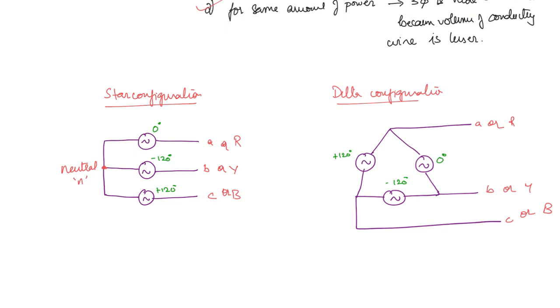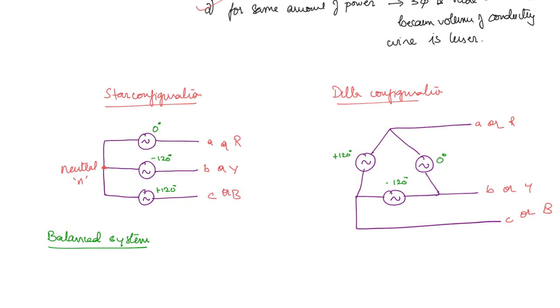At this point, we can understand what a balanced system is. Sometimes the phases won't be exactly 120 degrees out of phase. That is why we define something called a balanced system. You can take it like an ideal three-phase system. What are the conditions for a system to be called a balanced system?